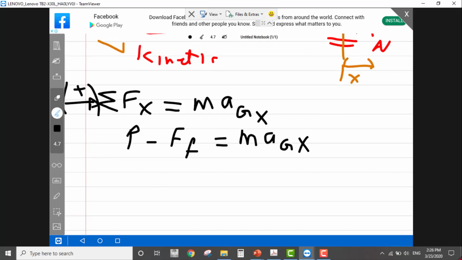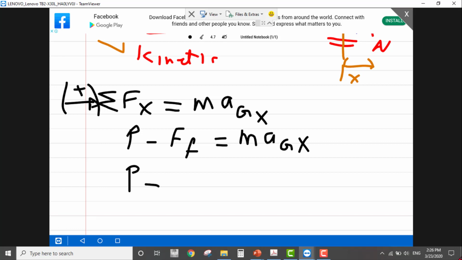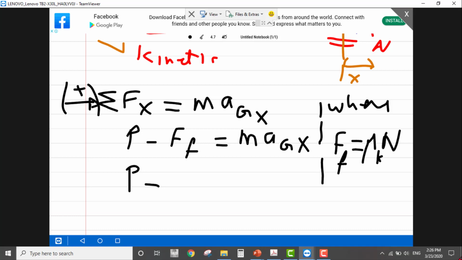From the definition of friction force, the external force minus friction force, where, let me write it here, friction force equals the kinetic friction coefficient multiplied by normal force, and this is equal to the kinetic friction coefficient given in the statement of the question, which is 0.2, multiplied by normal force.